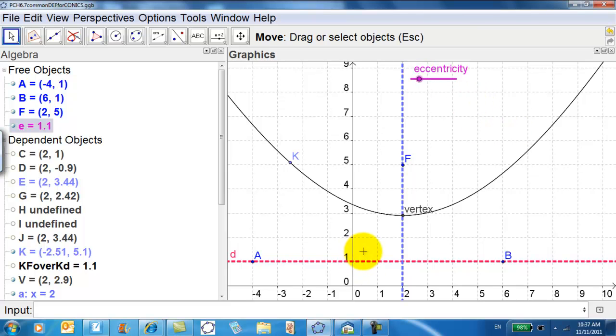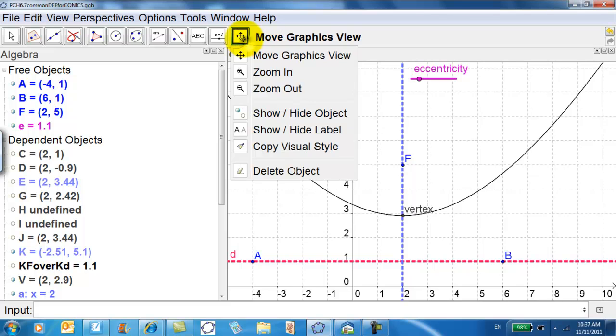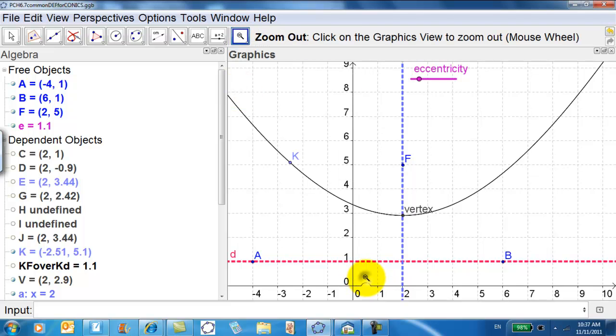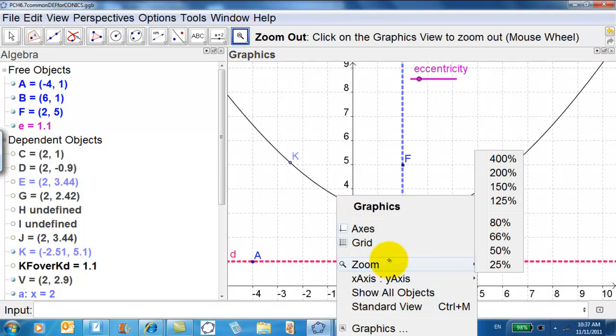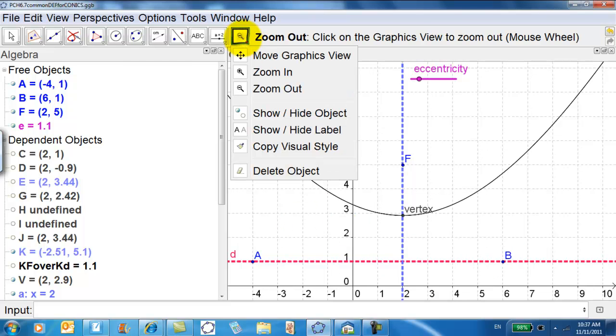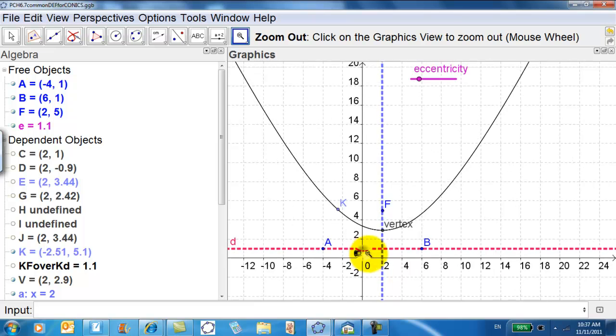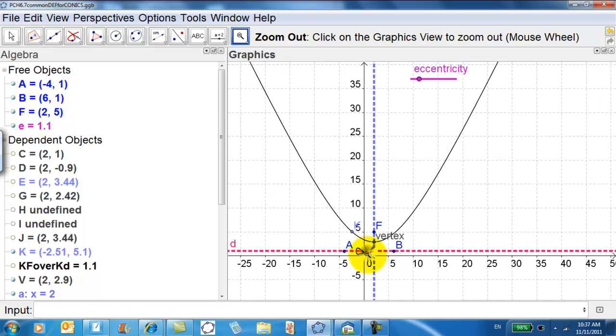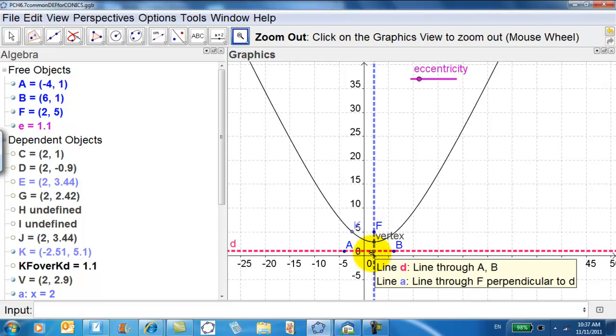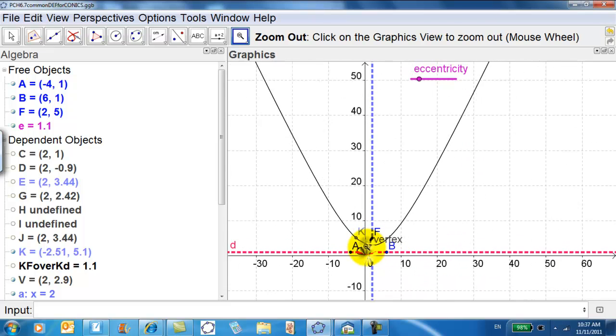But you're going to find that through repetitive zooming out, notice it's not getting that parabola shape going as we keep zooming out.